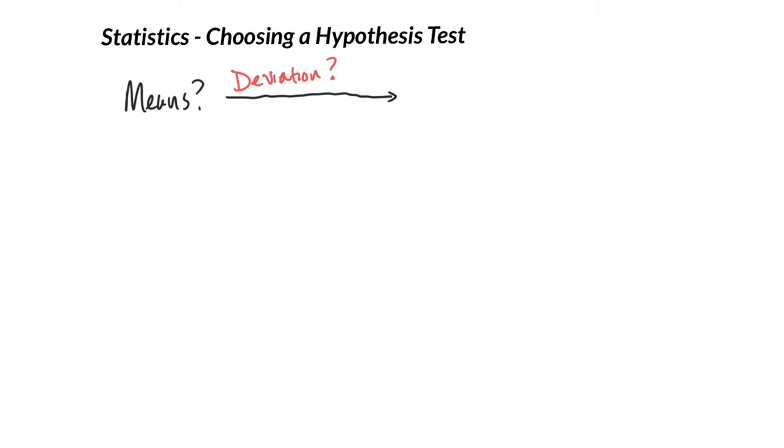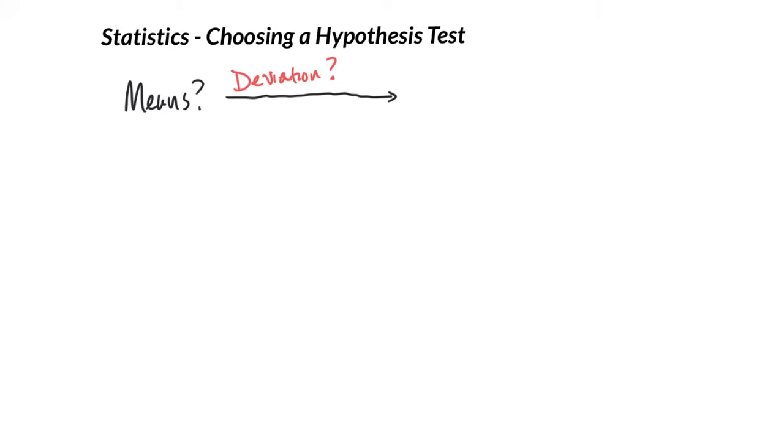So if they said something like, we took a sample and it had an average of 13.2 with a sample deviation of 2.1, seeing that deviation should right away tell you, okay, so I had an average and I had a deviation. Proportion problems, count problems like chi-square tests, things like that, those will not have a deviation, but means will. So that's the first thing you do: you just say, okay, is it a mean? Does it have a deviation?